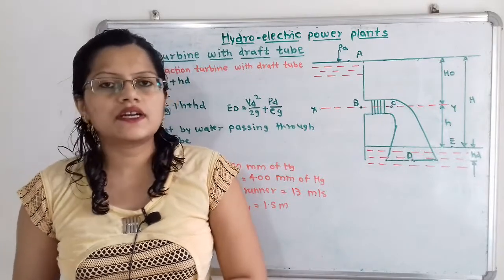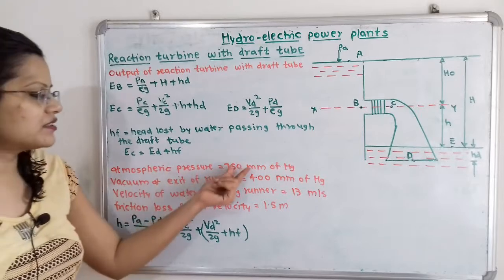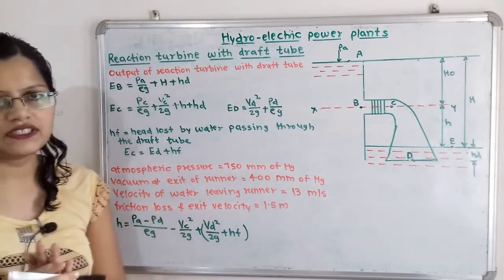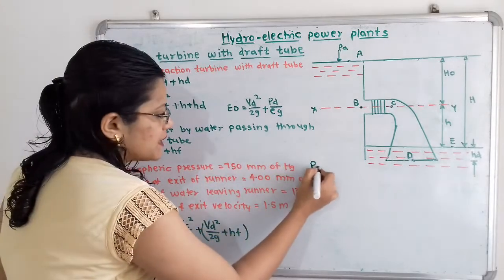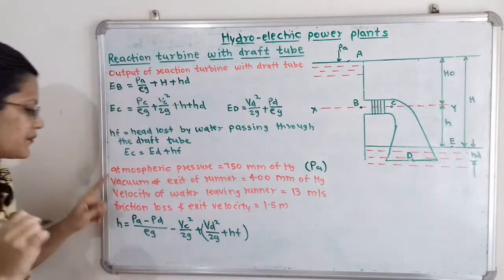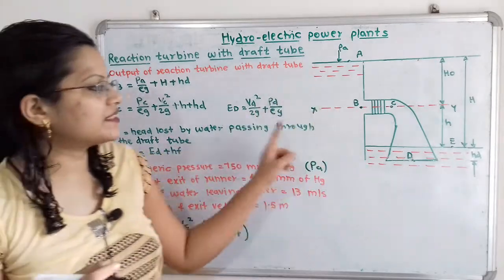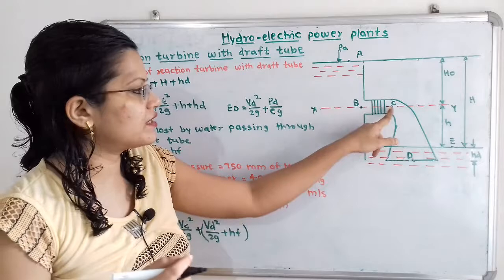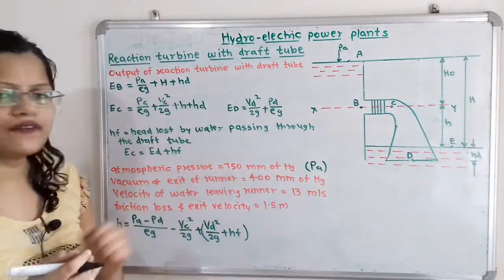Let us first understand the given data. Here atmospheric pressure 750 mm of Hg is given. So we will use here the notation for atmospheric pressure, that is P to the base A. Then the vacuum at exit of runner. Now if we observe this diagram, where is the exit of runner? That is the point C. So vacuum at exit of runner is given.